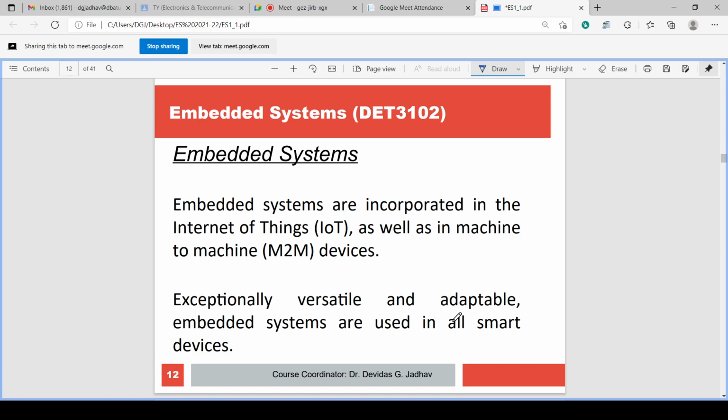These smart devices, Internet of Things, machine to machine, communication devices, use exceptionally versatile and adaptable embedded systems. So these are the applications of embedded systems used in the Internet of Things or M2M devices, and how they are used. Okay.